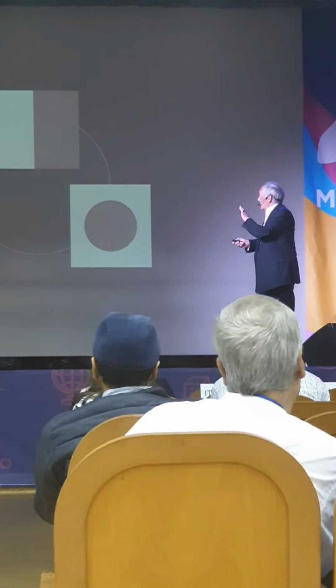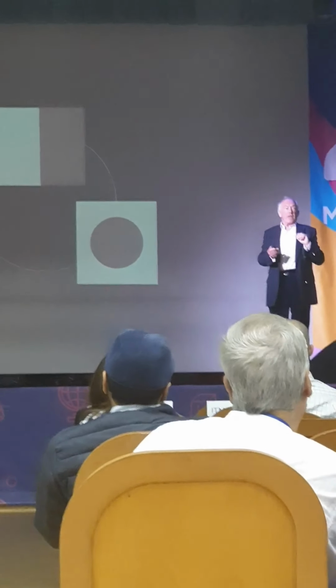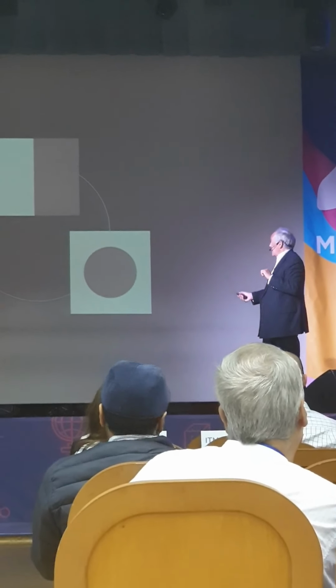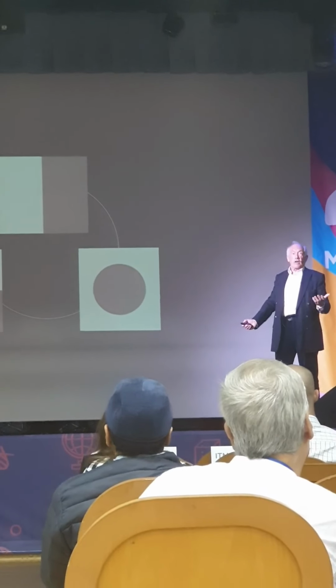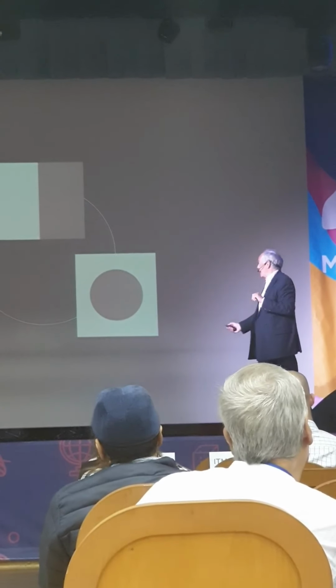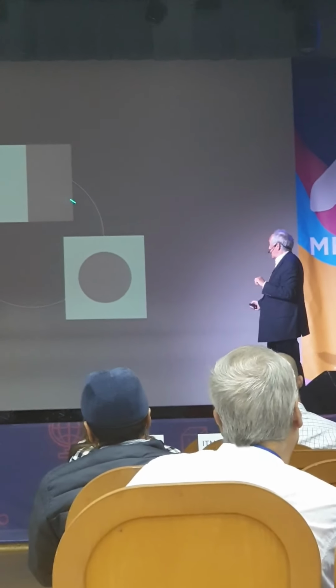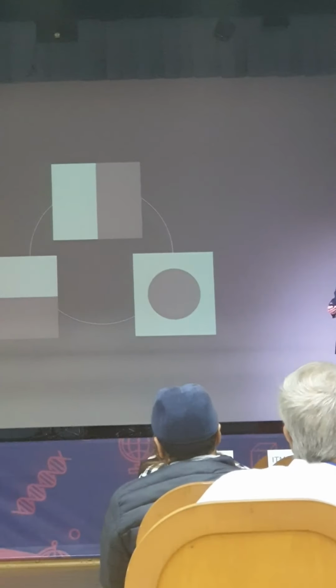But that's too hard. So let me step down a dimension and say, well, we can rotate this 2-dimensional object into this 2-dimensional object very easily. But how can we rotate this object into that object?